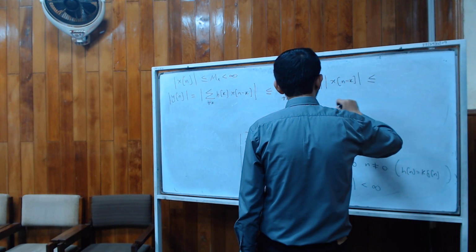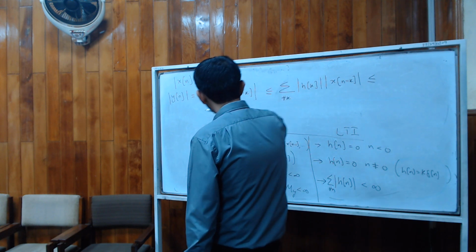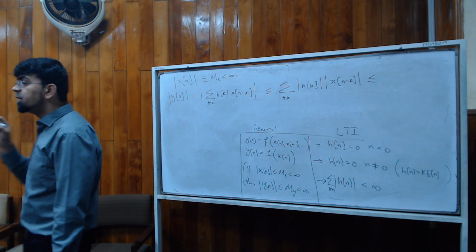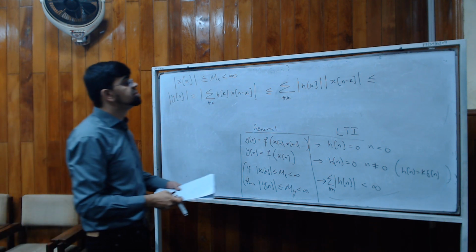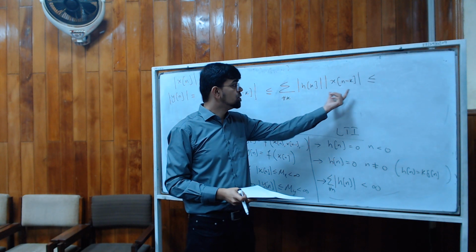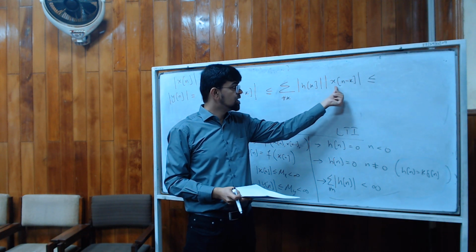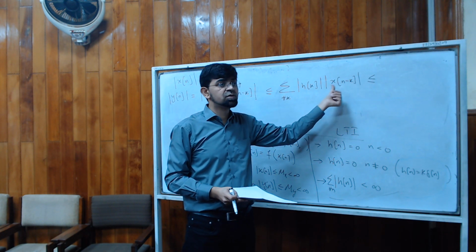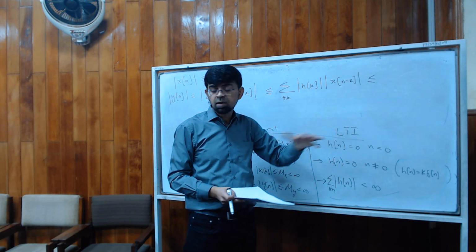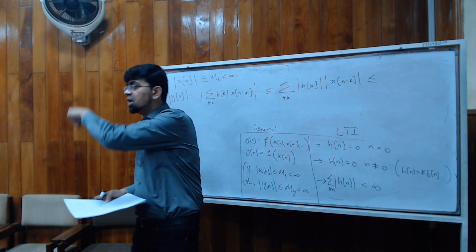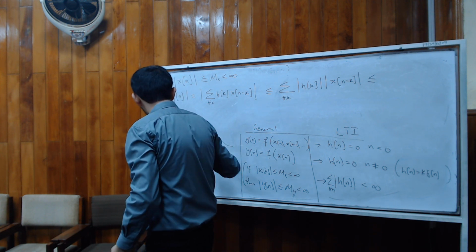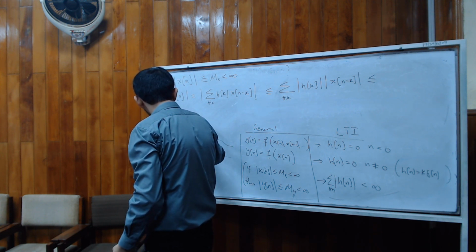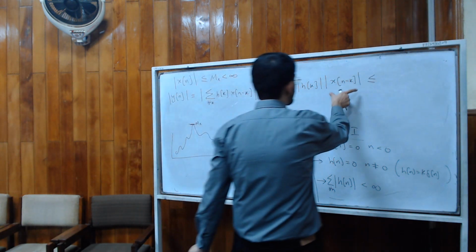But then we go further. We say, what happens if we replace the input everywhere by its maximum value? We don't care what the value is. This is x[n-1], x[n-2], x[n+1], x[n]. We don't say what the values are. If x[n] is like this, let's take the maximum value, Mx, and put that in place of these.